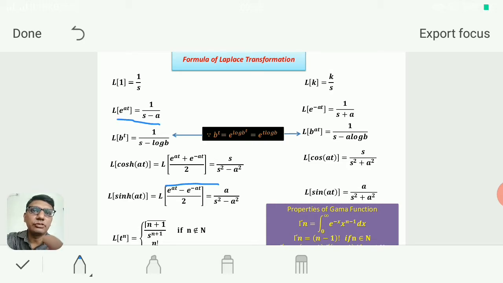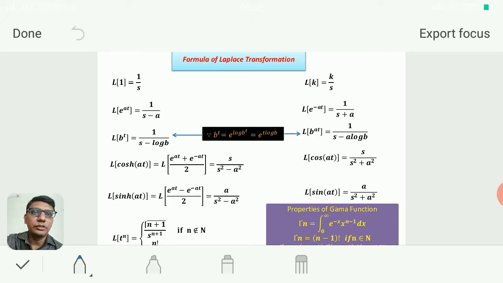We know the Laplace of e raised to at is 1 upon s minus a, and Laplace of e raised to minus at is 1 upon s plus a. Now by applying these formulas, we can find the Laplace transformation of cos hyperbolic at. Laplace of cos hyperbolic at is finally s upon s square minus a square.